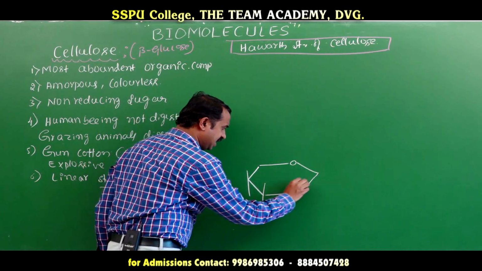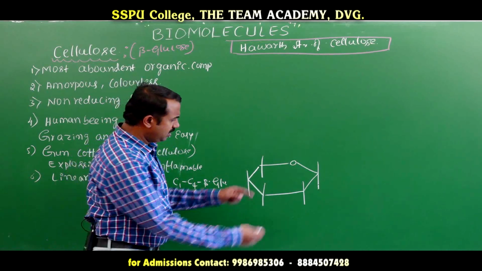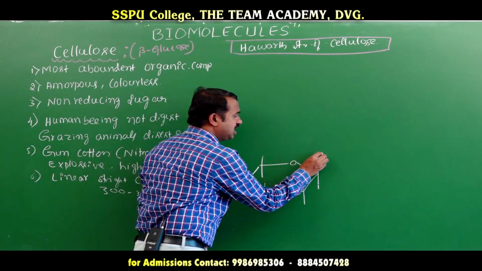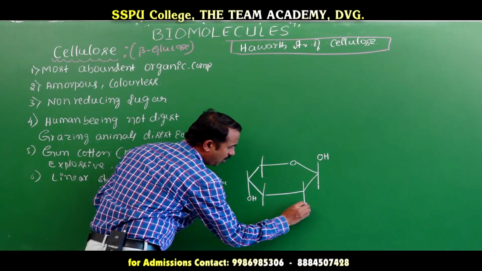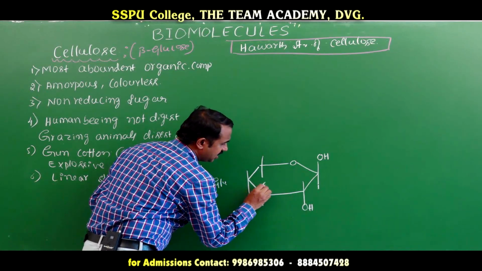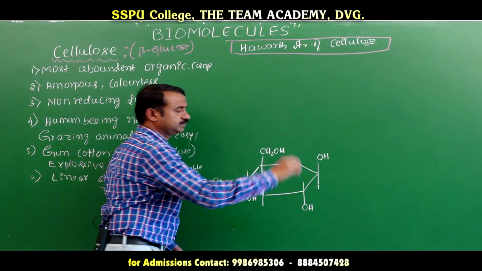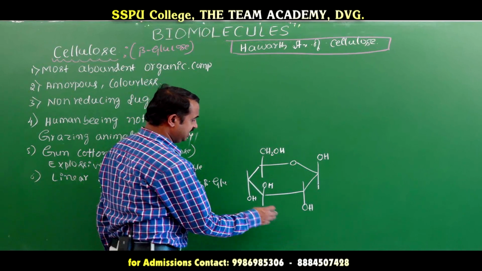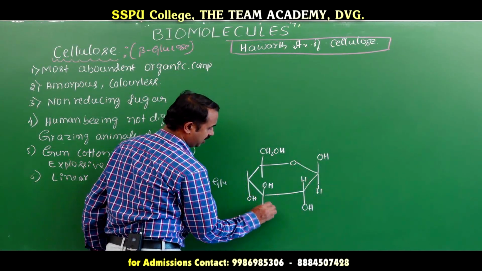Beta means we can write the glucose structure here. Beta means the hydroxy group is above: here OH, and here OH, one is outside, another one is inside, and here CH2OH. Okay, this is beta, meaning the hydroxy is above, and H.